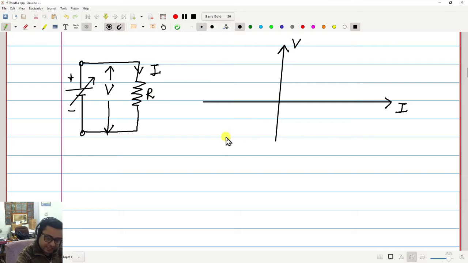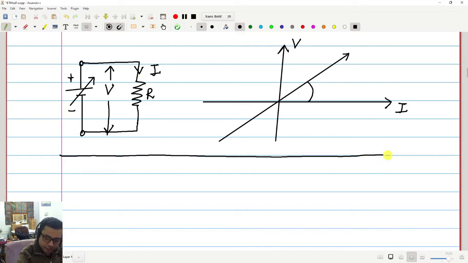It will be a straight line passing through the origin, and the slope is determined by the value of this resistance. The higher the resistance, the higher the slope will be. So this is the VI characteristic of a resistance. That's all I want to tell you about resistance.